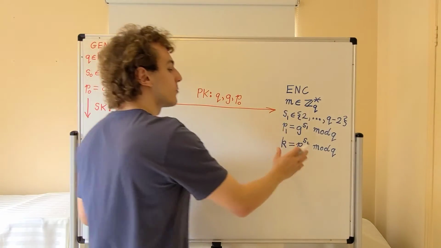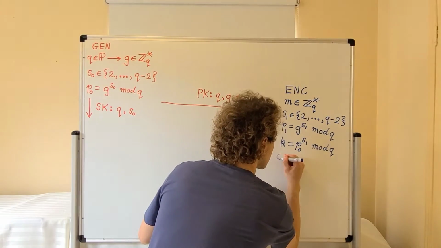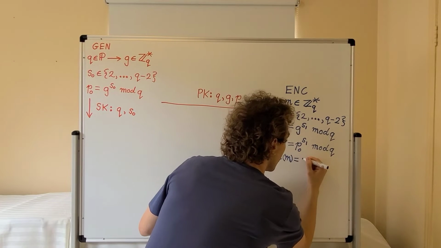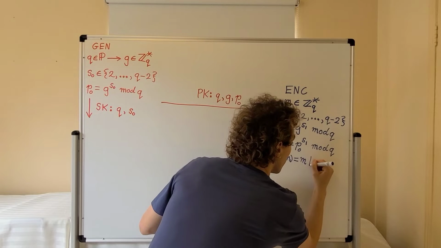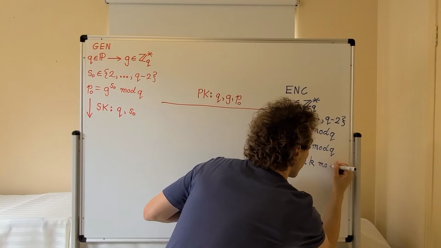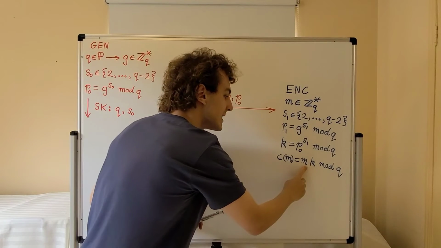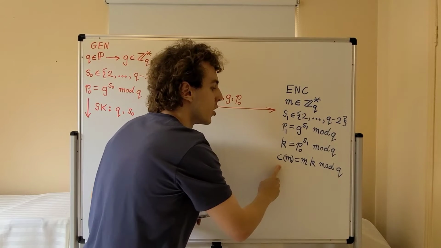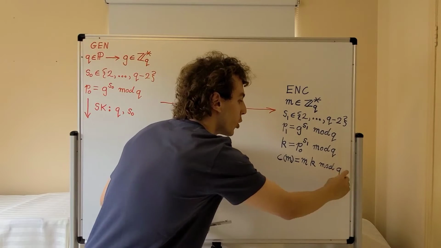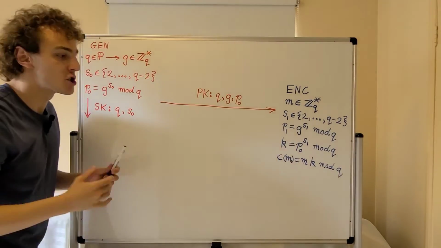But now we're left with one more step. We have to produce the ciphertext. And we can get the ciphertext from the message M by multiplying the message M by K. That's this key. And we're doing this multiplication mod Q. Now we're going to send the ciphertext through a public channel.